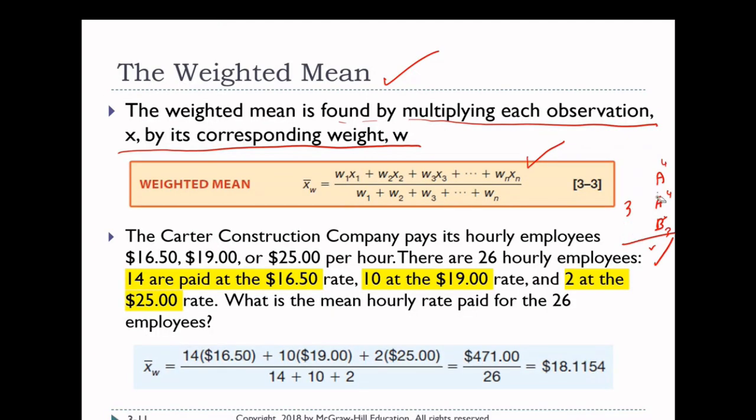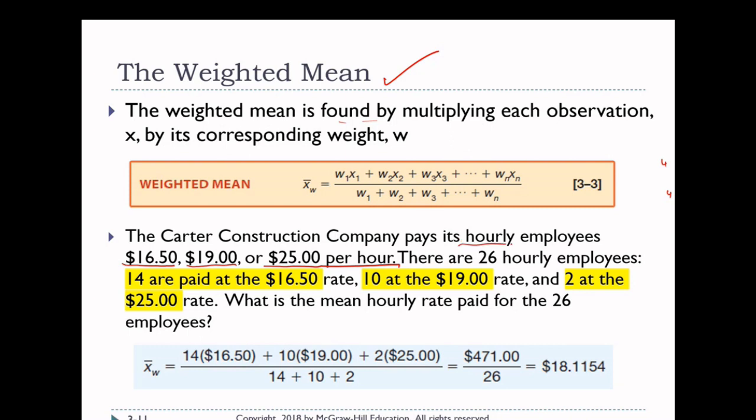Weighted mean. How about this example? Carter Construction Company pays its hourly employees $16.5, $19, and $25 per hour. They have 3 rates: $16.5, $19, $25.